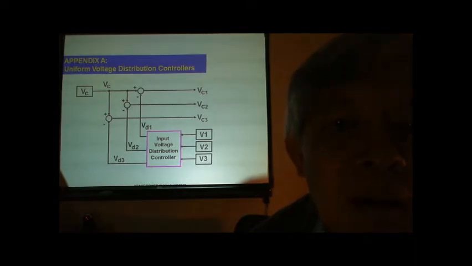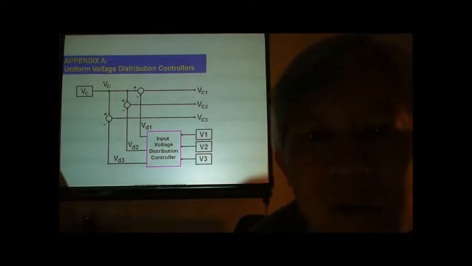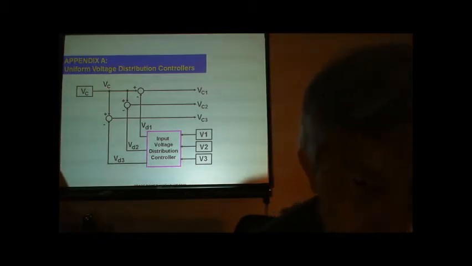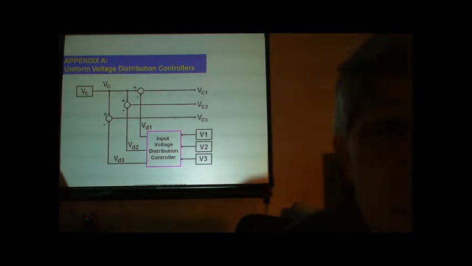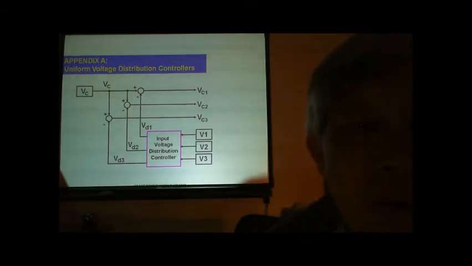This minor or small correction voltage we call the distribution error signal. Subtract this distribution error signal from the primary system control voltage, providing the distributed control voltages VC1, VC2, VC3.